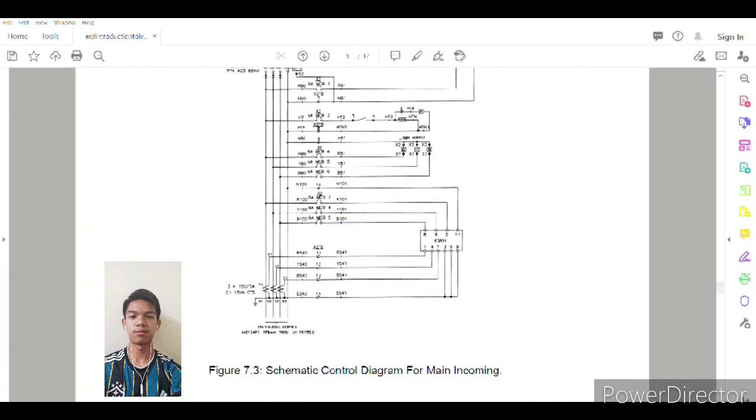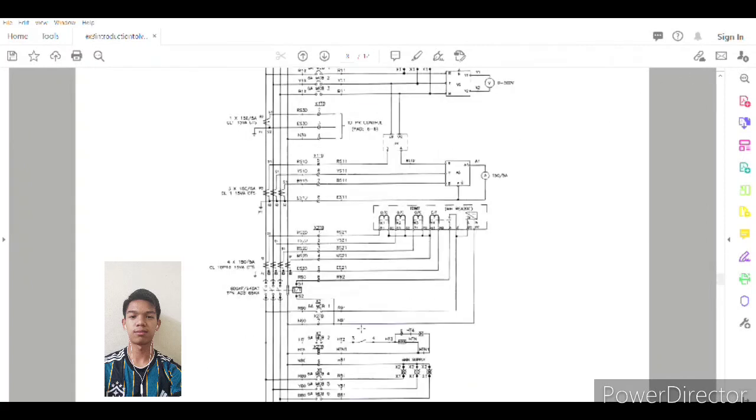Once we energize it, the red, yellow, blue will light up, meaning it has supply from the TNB. Then we have the heater, so we can control it immediately, so it will not be too wet or too hot.